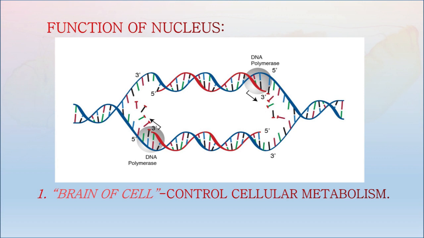Functionally, the nucleus is the overall commander of cellular metabolism. In this figure, the transcription process is shown. Through this process, the DNA produces its own transcript, that is, the mRNA or messenger RNA, to convey the message of protein synthesis to the ribosome.